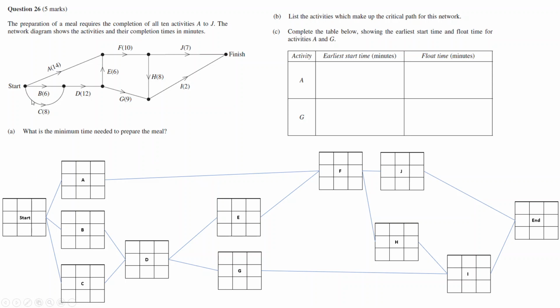If this is the starting point, A, B, and C come from the start point, so that's how A, B, and C are there. D is dependent on B and C. F is dependent on A and E, so E and A are connecting with F. D connects with E and G. Then from F go J and H. I is dependent on G and H. And then J and I go all the way to the finish line.